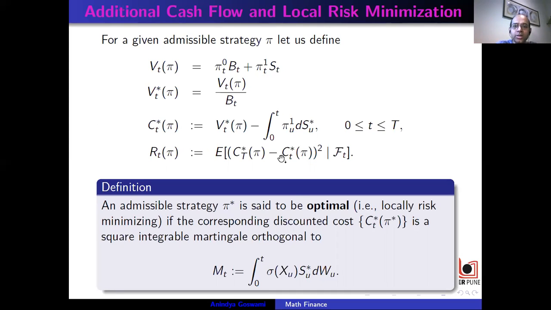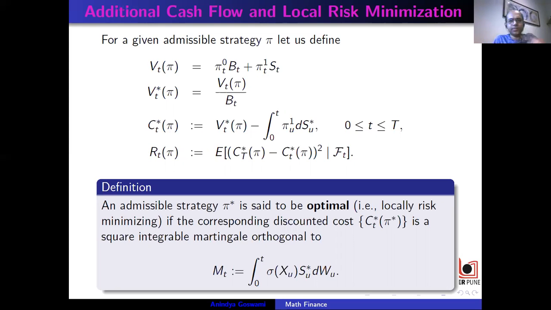That means if I take the quadratic covariation of C and the martingale part of the stock price, that should be 0. That means none of the fraction of this cash flow could have been generated by investment. Then this is very crisp, and this is only the part which you actually cannot replicate, and that is what you are injecting.